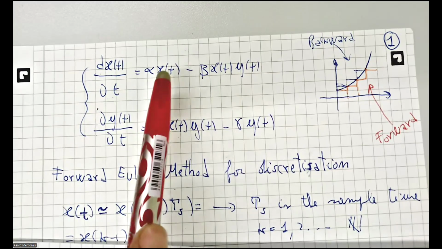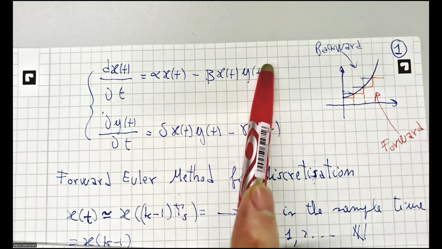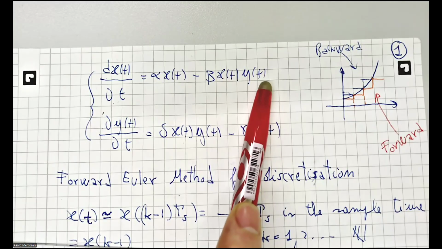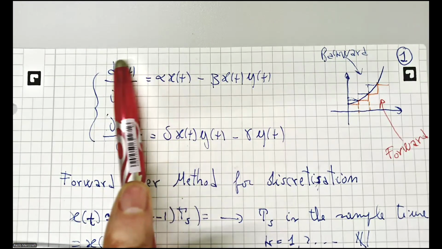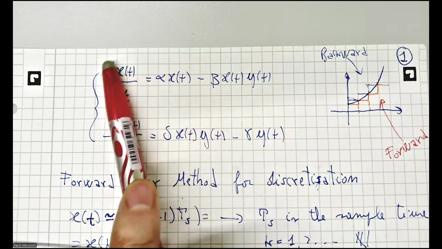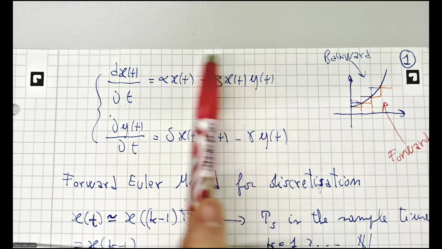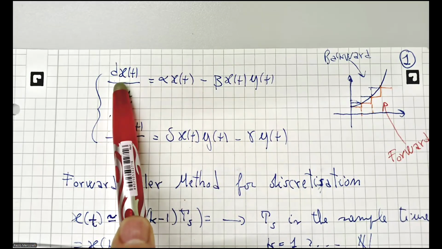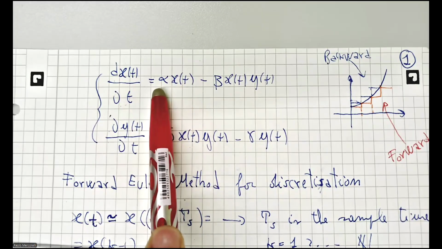Looking at this equation, why does X represent the preys? Because if the number of predators is 0, this element disappears. We have an easy equation that you can recognize from math, assuming that alpha, beta, delta, gamma in this form are positive. We can see that X, the number of preys, will increase exponentially.